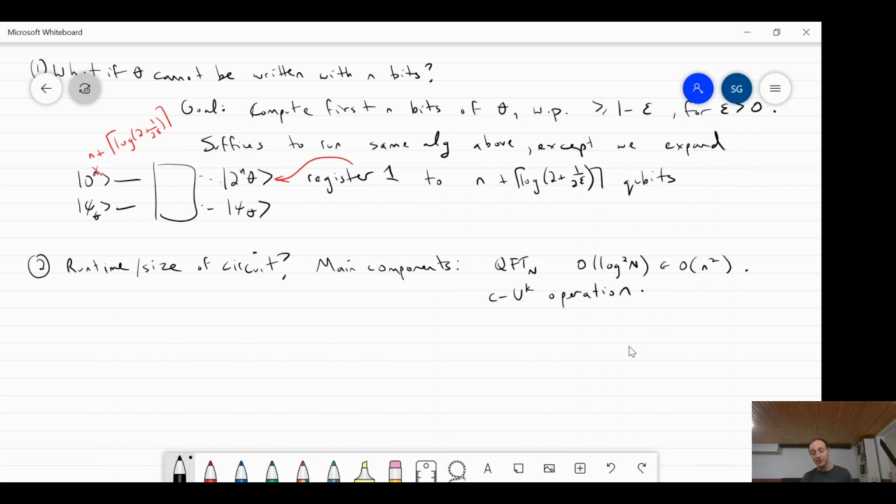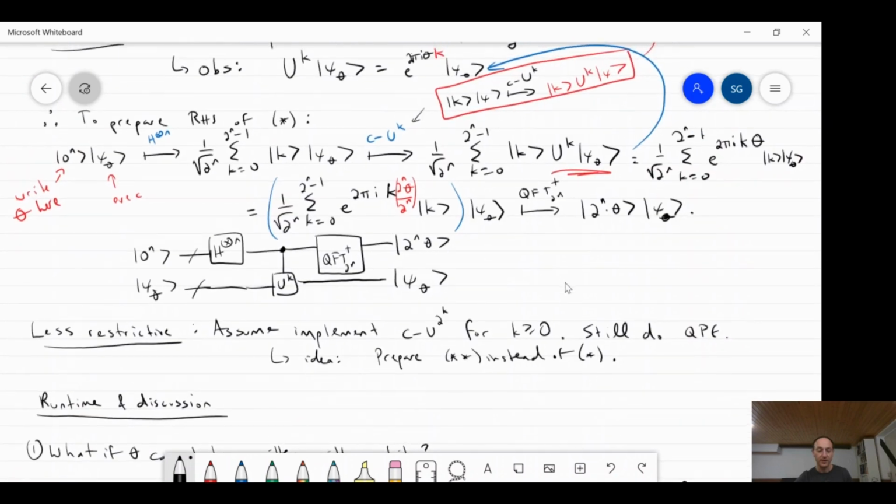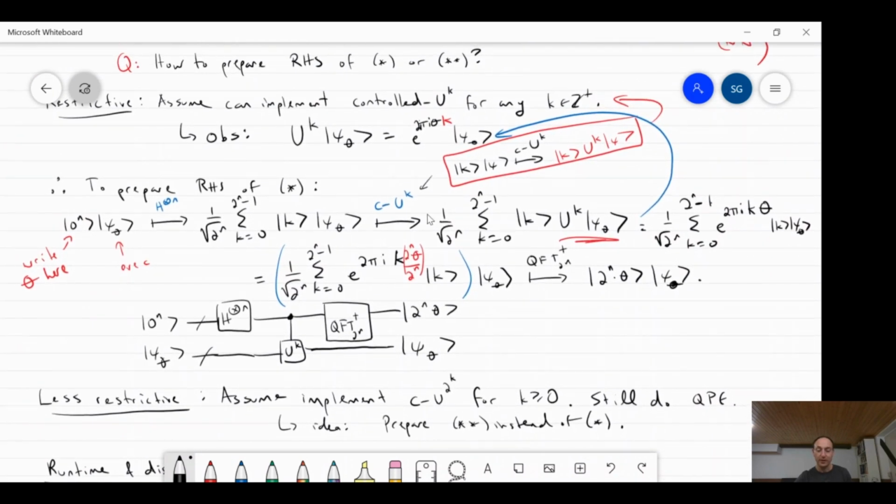Okay, so now we have a bit of a problem. If you look at the circuit over here, if I wanted to get n bits of precision, here's my circuit for n bits of precision. I prepared n qubits in this first register in 0. And if you look at the step where I do the controlled u, I raise u to the power k, and what does k do? Well, k goes all the way up to 2 to the n minus 1.